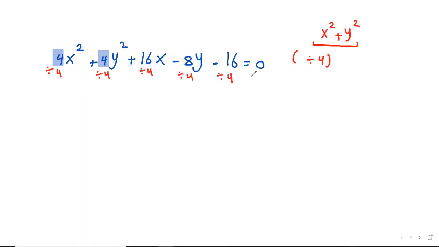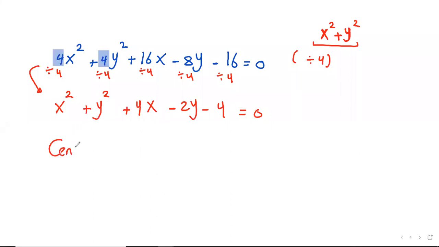Because, once again, the equation of the circle must be written in this form, x to the power of 2 plus y to the power of 2 at the very beginning. So you will end up with x to the power of 2 plus y to the power of 2 plus 4x minus 2y minus 4 equals 0. After that, we can find the two coordinates of the center.